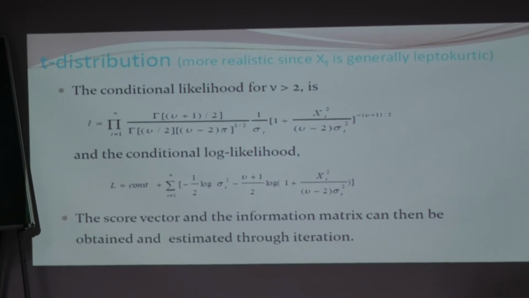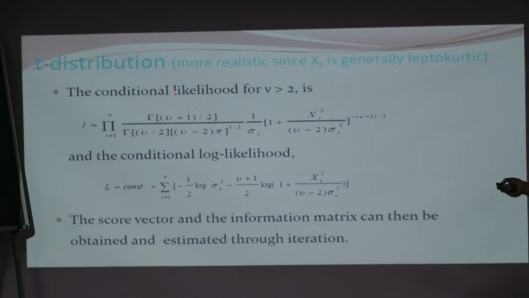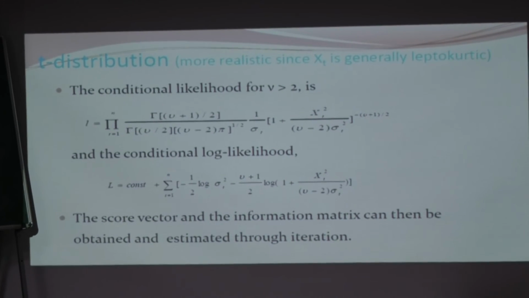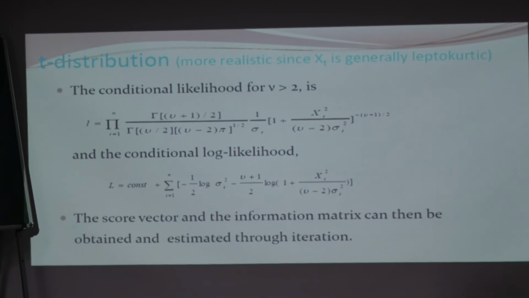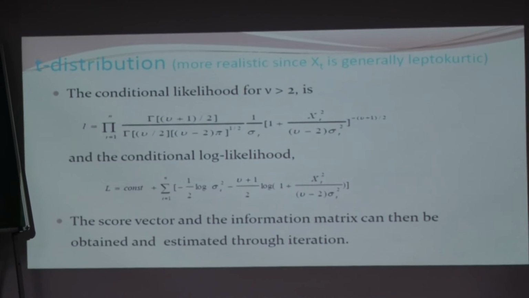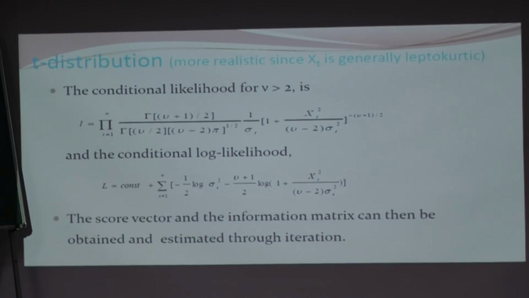So if they ask for a choice, estimation generally should be using the t. You write the likelihood again, the same way you do it for the normal. The mathematics would be there, fine. But remember, usually volatility models you estimate using the t distribution rather than the normal distribution, because it leads to leptokurtic distributions. It's not a mesokurtic distribution. That's something you should be noting.